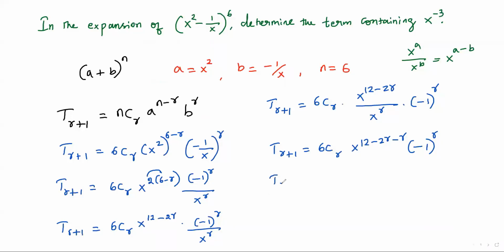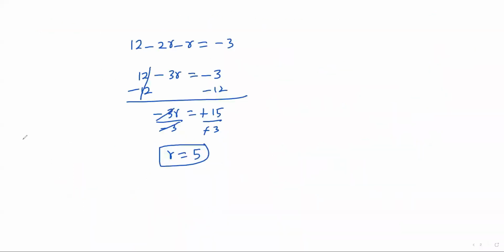So T(5+1) is equal to 6C5 x to the power of, already we know this is negative 3, times negative 1 to the power of 5. Now we have to find the value of 6C5, so we can do it separately. Already we know a property of combinations, that nCr is equal to nC(n minus r).